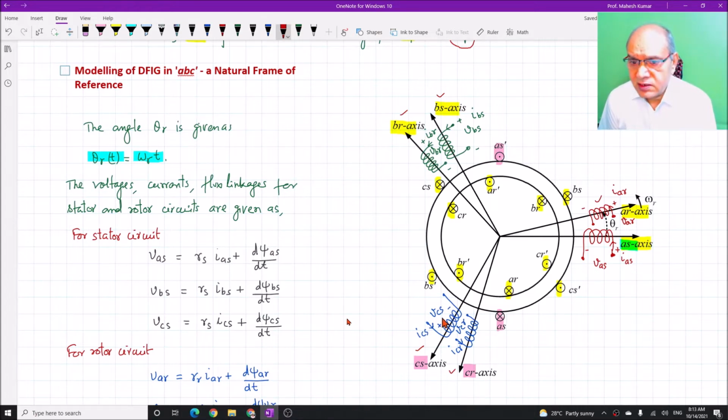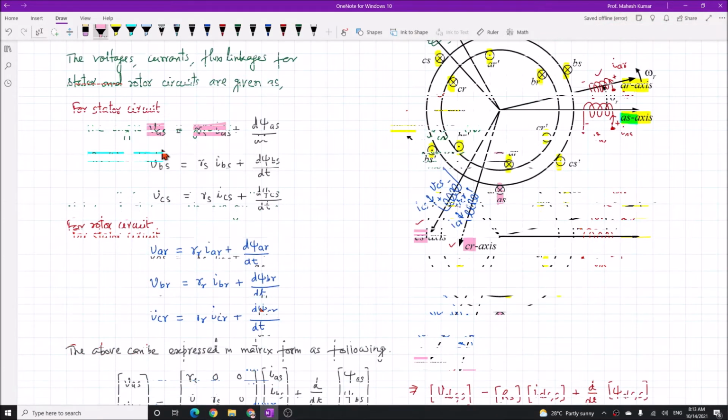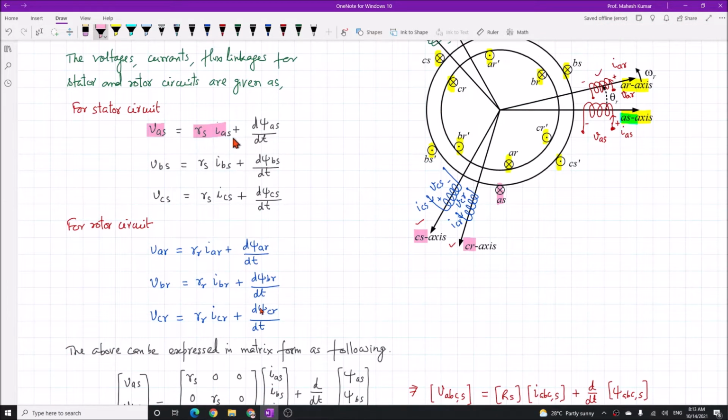Based on that description, we can write the voltage equation on the stator side. For the stator circuit for phases A, B and C, we can write like this: VAS equals RS into IAS plus d psi AS by dt. Now psi AS refers to the flux linkage. Actually this term comes as d of number of turns times phi AS by dt.